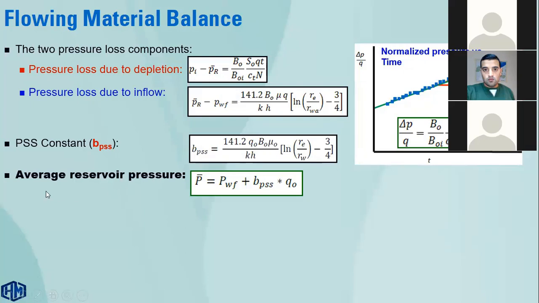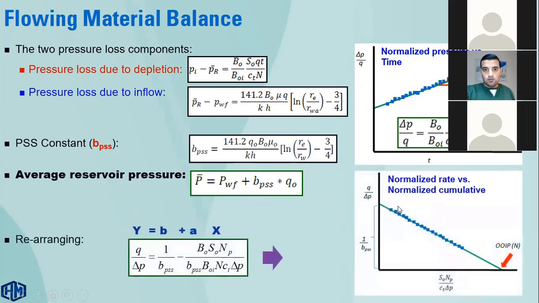This term will be used to calculate the average reservoir pressure while producing. So the flowing material balance is simply used to calculate the average reservoir pressure while producing, without the need to shut in the wells, without the loss of production, and without the need to close some wells during the oil field development or production lifetime.